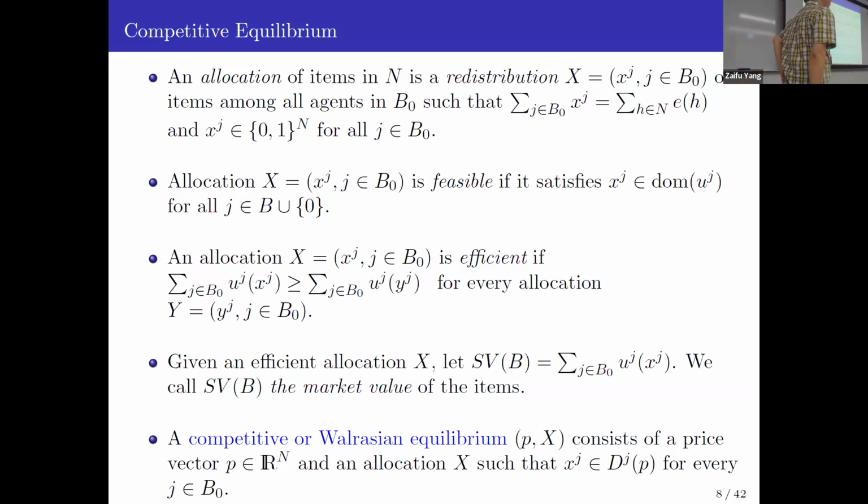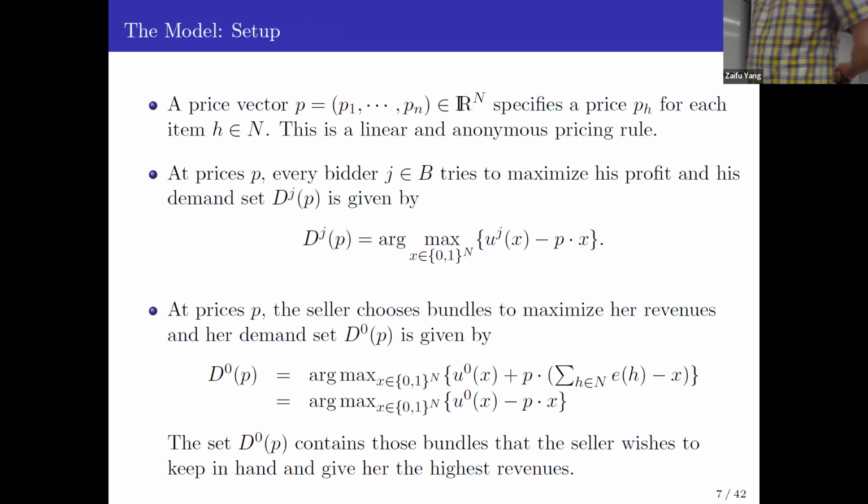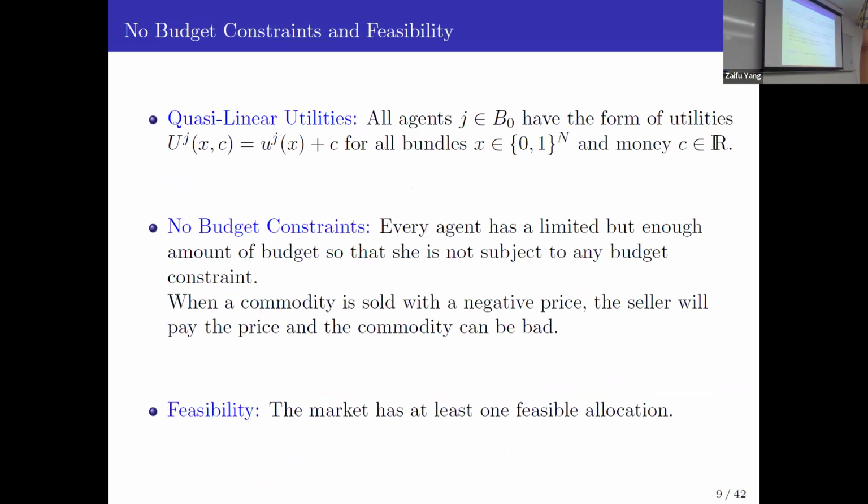One technical question: price could be negative, and goods can be bad. So you see, we actually did not restrict the value; here, just integer value is enough. For the linear utilities and no budget constraints, every agent has enough budget so that she is not subject to any budget or liquidity constraint.